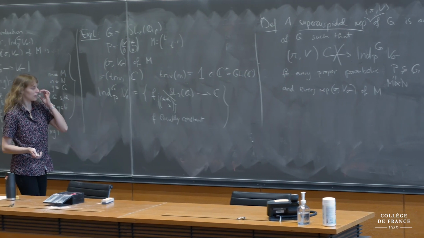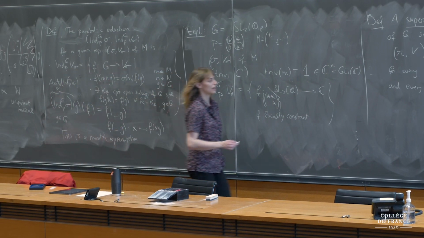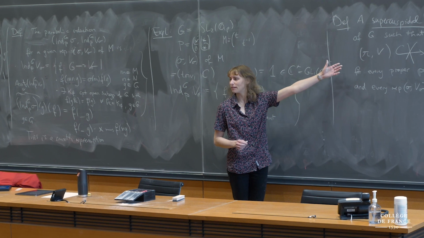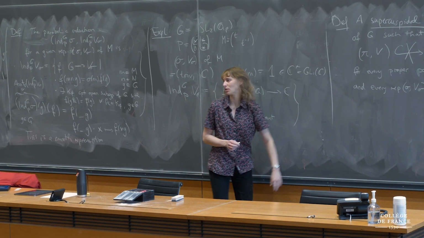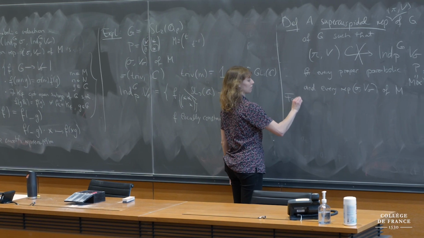So we can construct a lot of representations via parabolic induction, but we can't construct the supercuspal representations. So for those, we have to find a different way of constructing them, and that's what I'm going to talk about in this mini course. And here's the fact of why they are the building blocks.